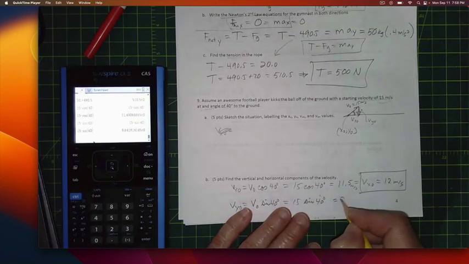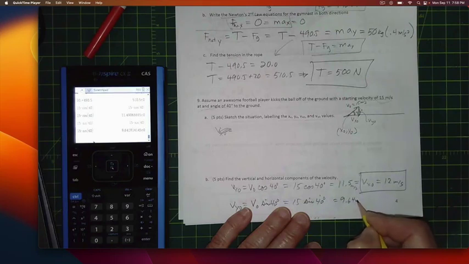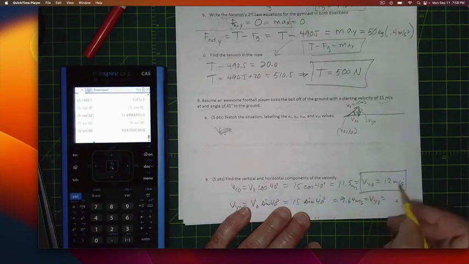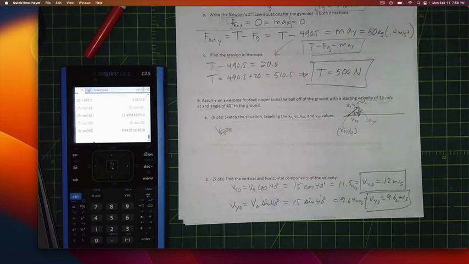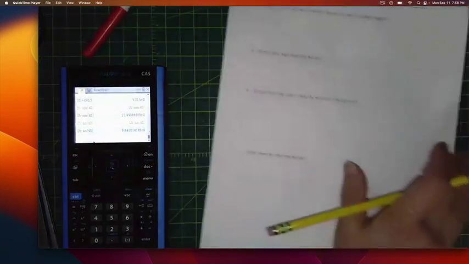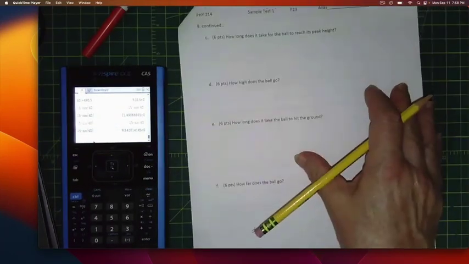And that's going to be 9.64 meters per second, Vy0, but 2 sig figs gives us 9.6 meters per second. Okay, that's it for B. Part C.